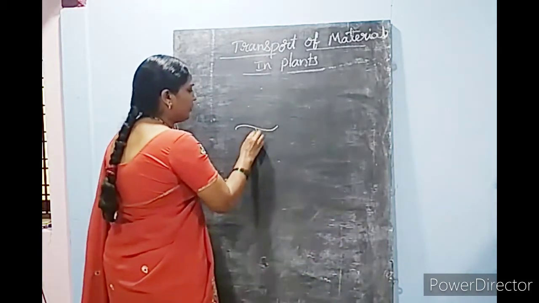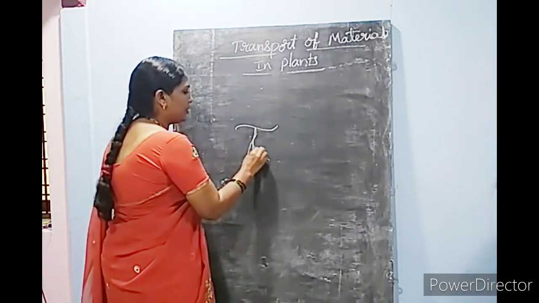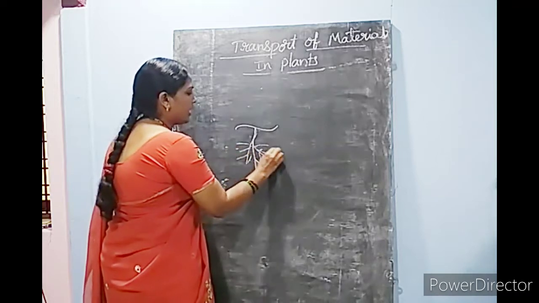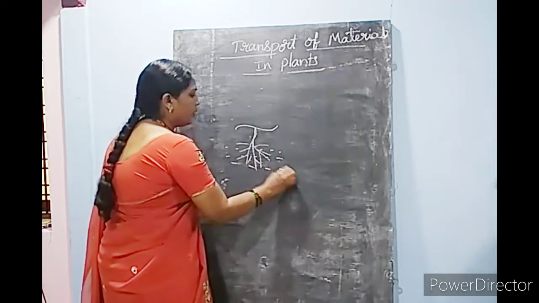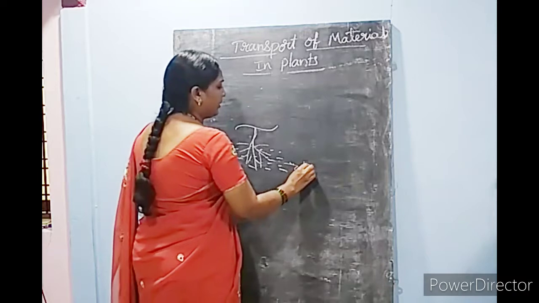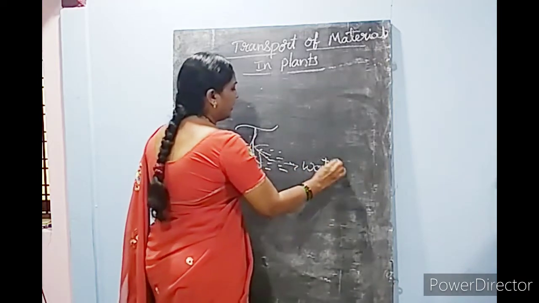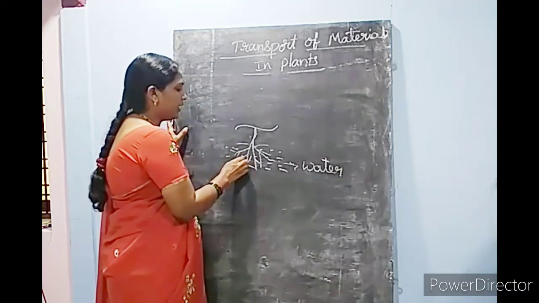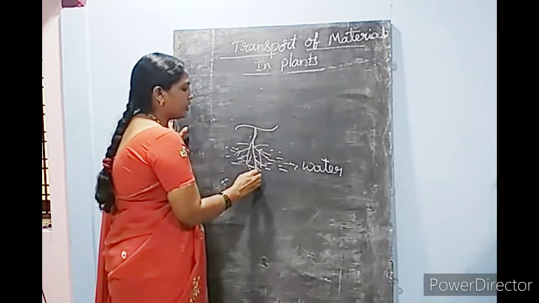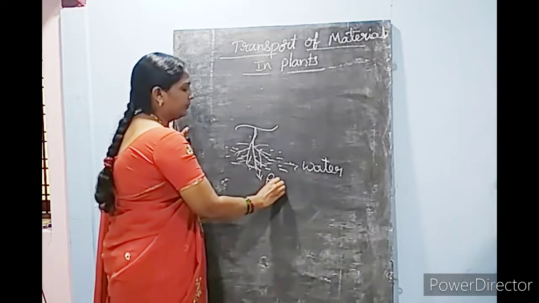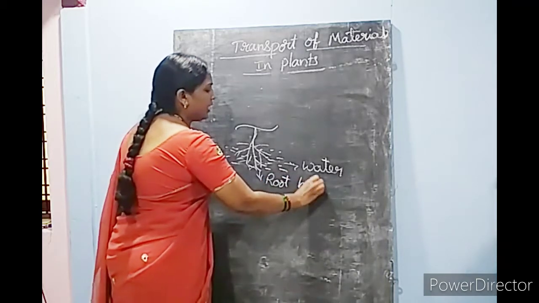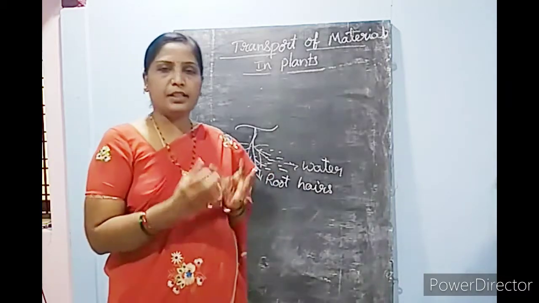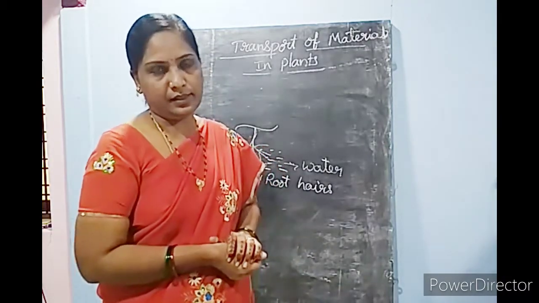With the help of roots, the plant absorbs water. The water present between the soil particles is absorbed by small hair-like structures on the roots called root hairs.